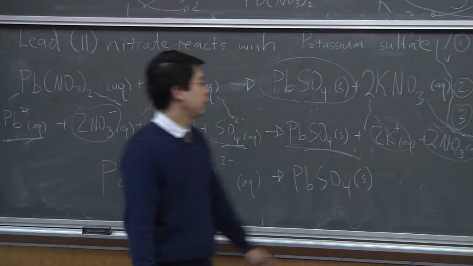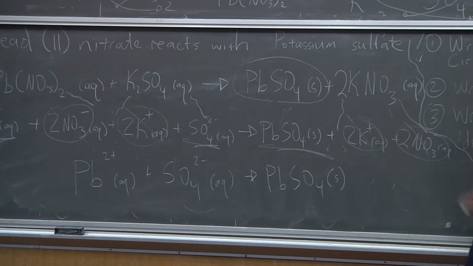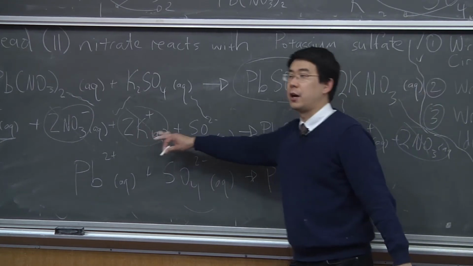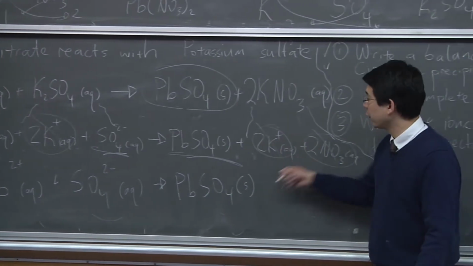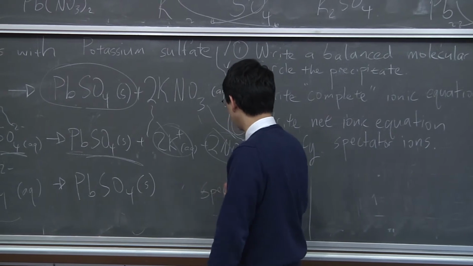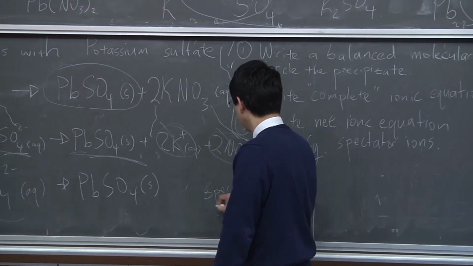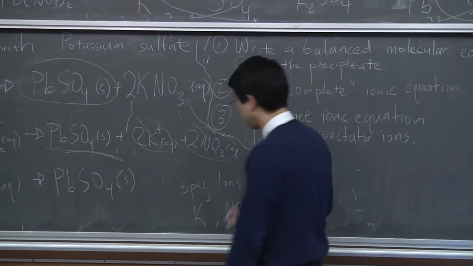And so here's what we call the ionic equation, or the complete ionic equation, with the crossed out thing still intact, right? And then the net ionic equation is removing the spectator ions. And so the spectator ions are K plus and NO3 minus.